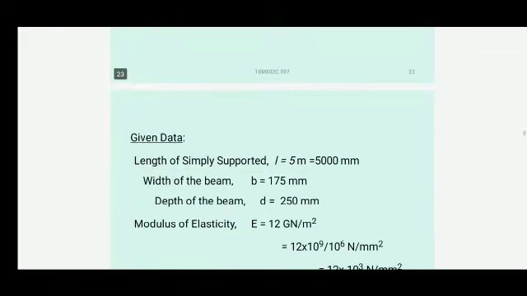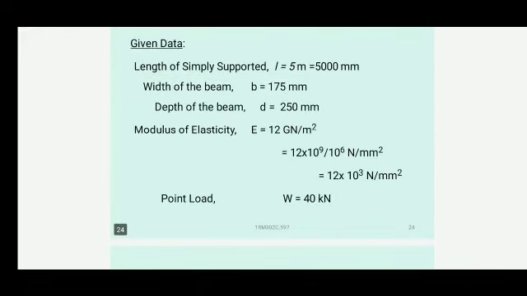The total load is given, that is 40 kilonewtons.